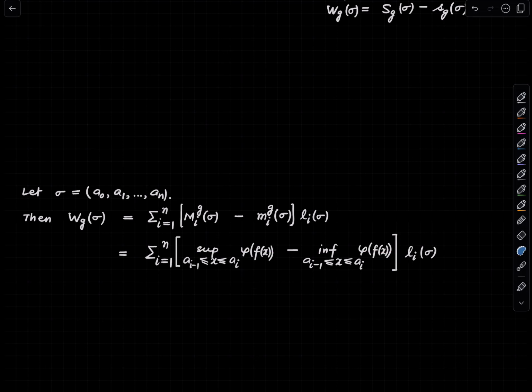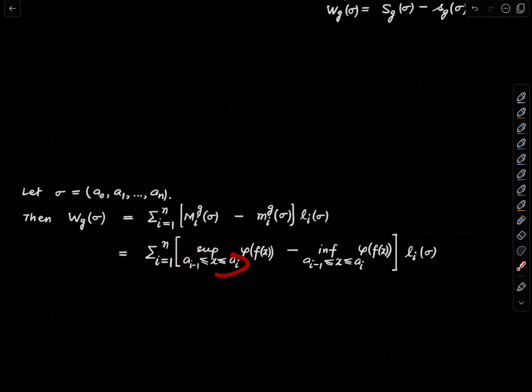Okay, and we want to bound it. We want to choose a suitable sigma so that this whole thing is less than epsilon. Right, so we would like to say that these things are small. So small that when you sum them up against these lengths, you get a small number. So that would have been very easy if we knew that over the ith part, f(x) doesn't oscillate too much.